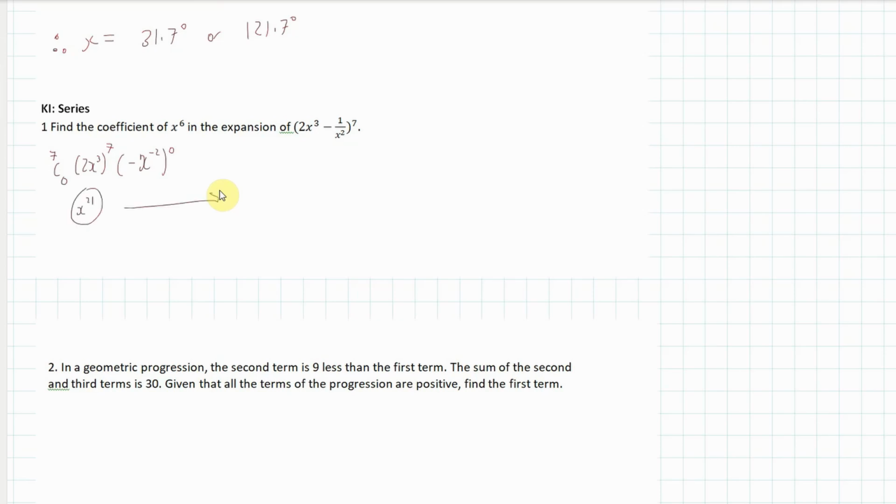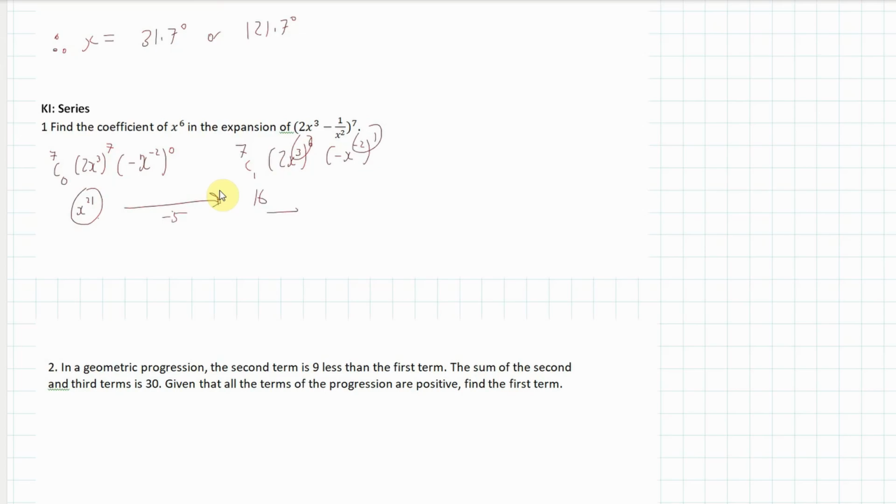So let's see what it jumps when we go to the next one. 7 choose 1. We're going to have 2x to the power of 3, and that would be to the power of 6. And then we'll have this negative x to the negative 2, and that'll be to the power of 1. So you've got 3 times 6 is 18, take away 2, which is 16. So you see from here to here, you're dropping 5 powers.